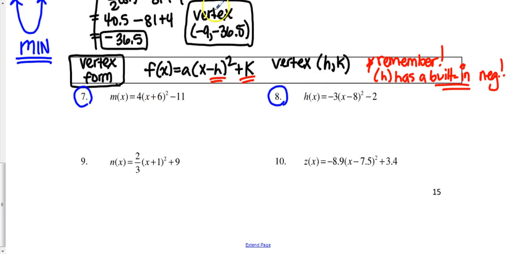So looking at h comma k, I know I'm going to pay attention to the 6 right here, the positive 6, and the negative 11. Number 7, this note applies. Remember, it's got a built-in negative. So you could actually see that as x minus a negative 6. So if I look here, it's supposed to be x minus h, right? So x minus h, it's a negative 6 that got plugged in. So my vertex is going to be negative 6, comma, and I look at the k value on the outside, negative 11.